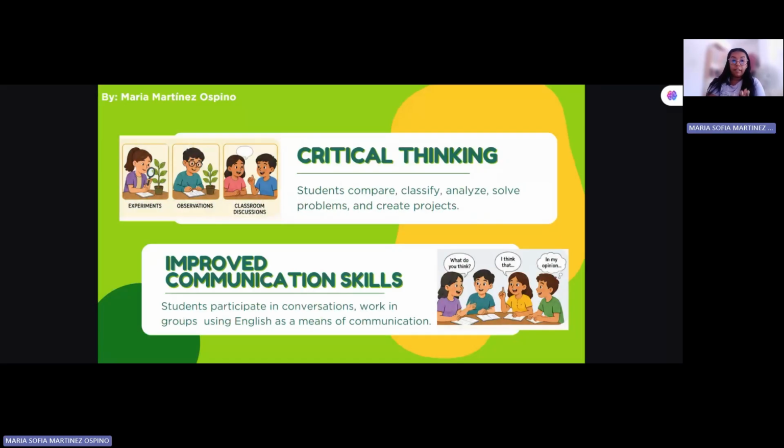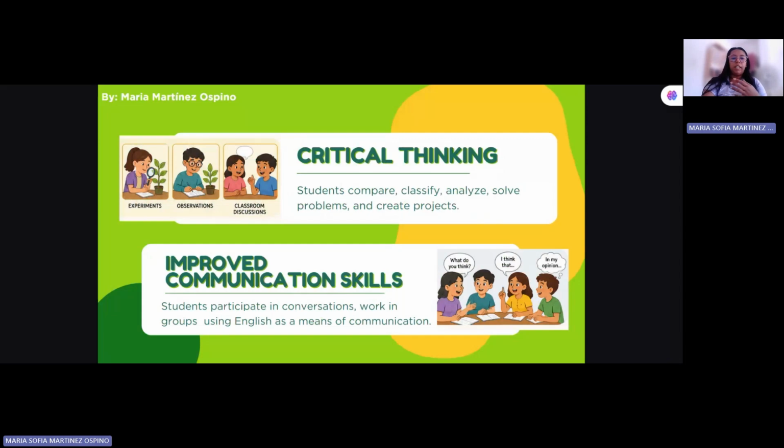CLIL also improves communication skills. Students participate in conversations, answer questions, work in groups, and explain their ideas using English in authentic situations, or in this specific case, in the experiment about plants.